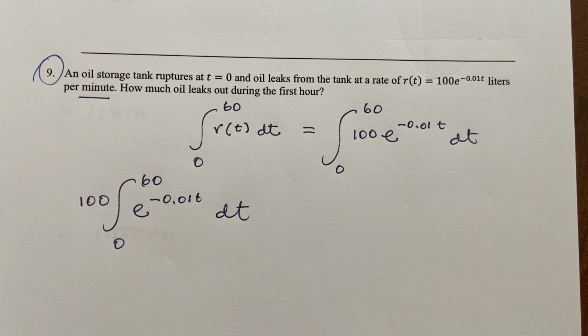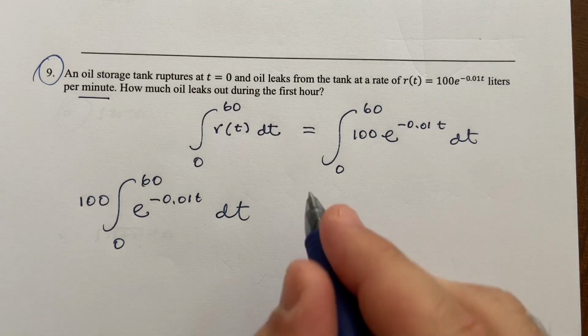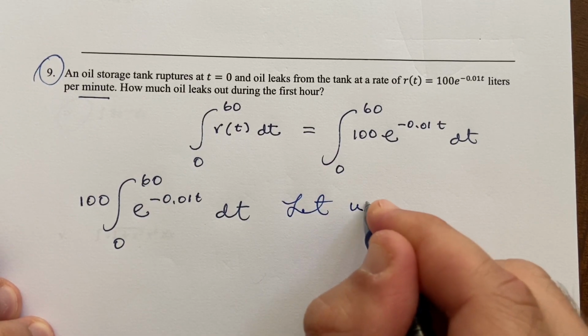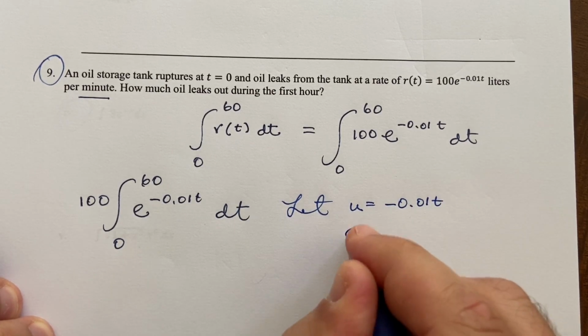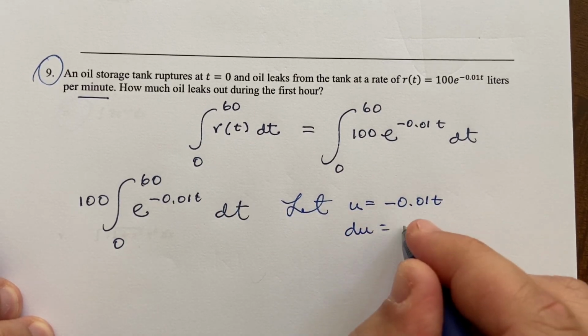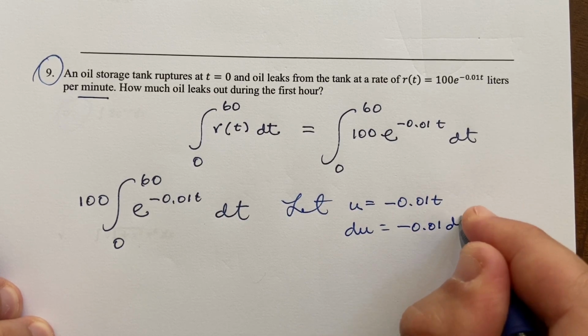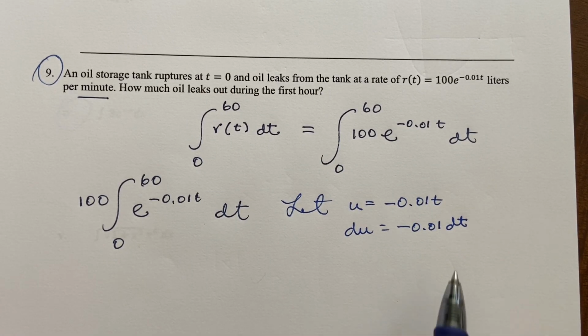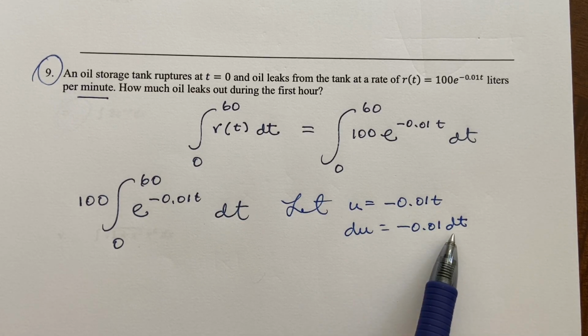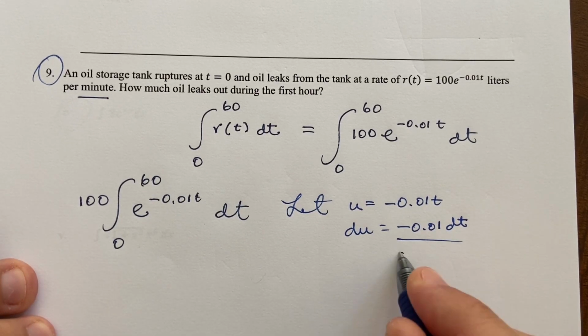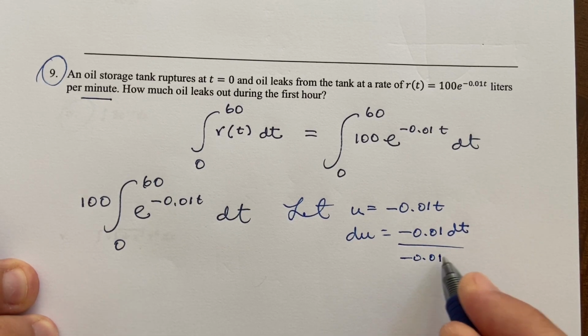What I'll use is a U-Substitution. So I'll let u equal negative 0.01 t. That way du equals negative 0.01 dt. So I don't have the negative 0.01, so I'll need to offset. So what I'll do is divide by negative 0.01, both sides.